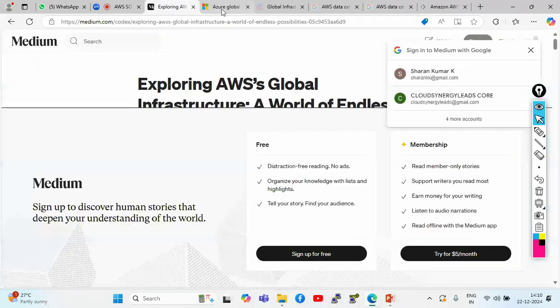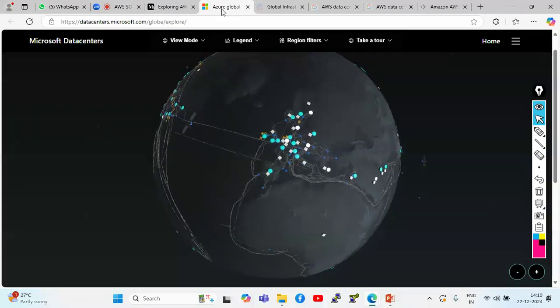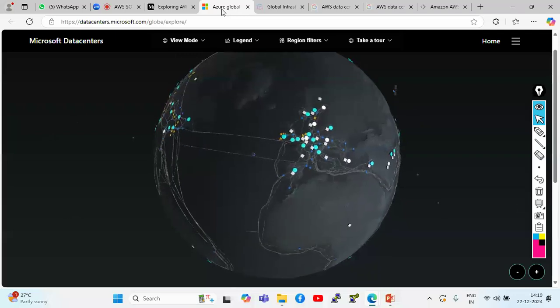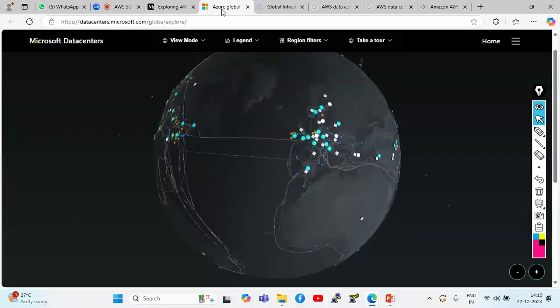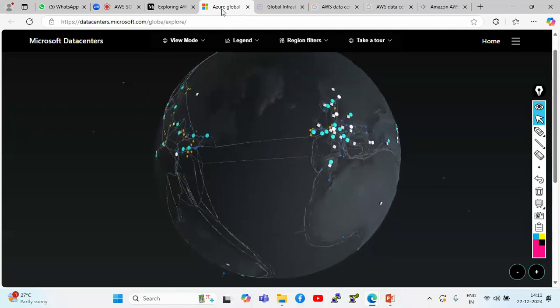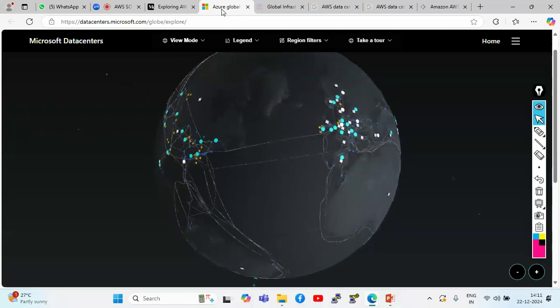This is the map of Microsoft data centers. This is a live map of Azure data centers all over the globe.